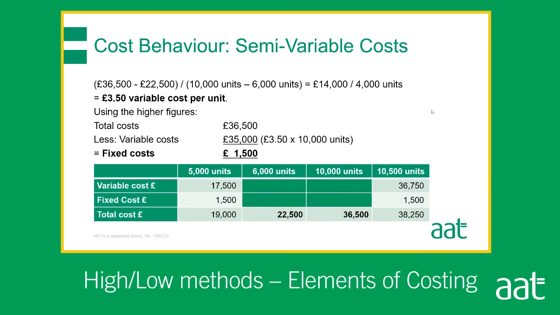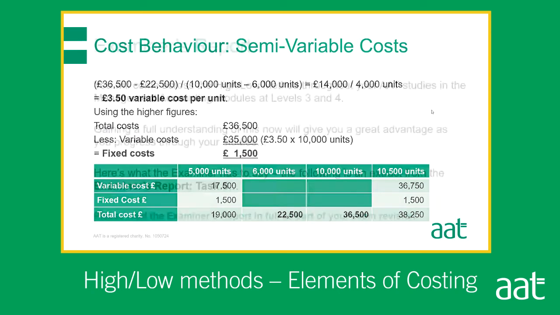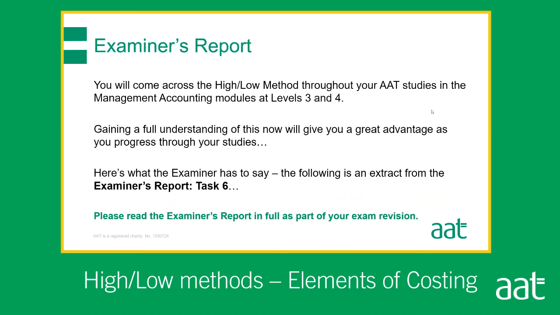Excellent. Okay, so to round off the session, as I mentioned earlier, this high-low method will occur throughout your AAT studies. For those of you looking to go on to levels 3 and 4, all of the management accounting modules, so there's one at level 3 and two at level 4, the high-low method will come up again.